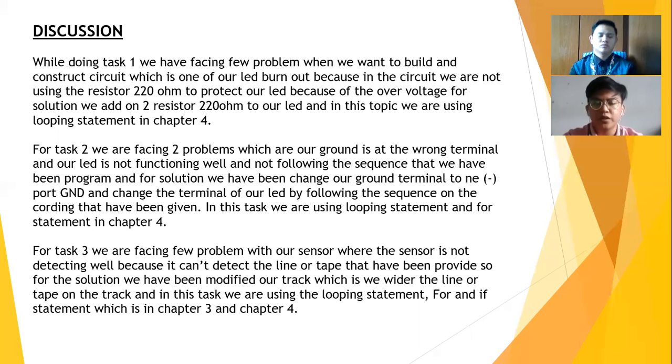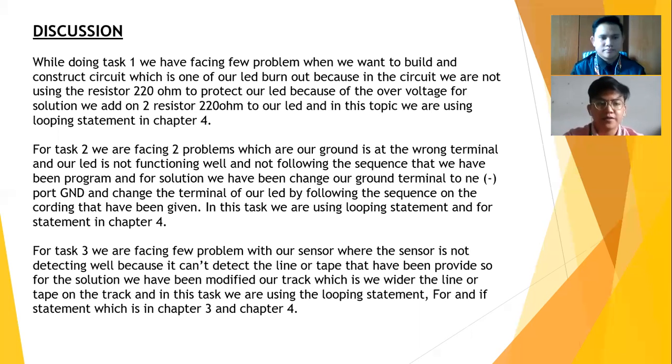For the solution, we changed our ground terminal to the negative port, GND, and we changed the terminals of our LEDs by following the sequence, which is red, yellow, green, in the coding that has been given. And in this task, we are using looping statements and for statements in chapter 4.